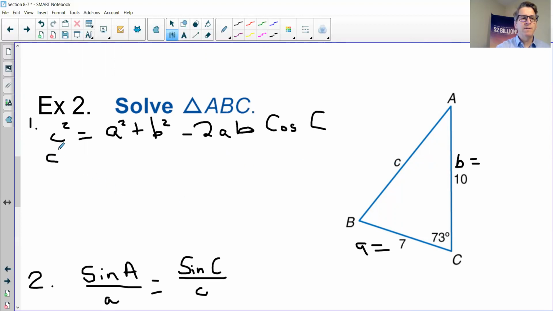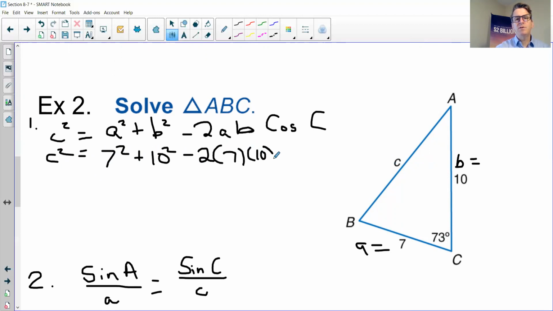So c squared is equal to a squared, which is 7 squared, plus b squared, which is 10 squared, minus 2 times a, which is 7, times b, which is 10, times the cosine of C, which is the cosine of 73. The right side ends up being 108.068.